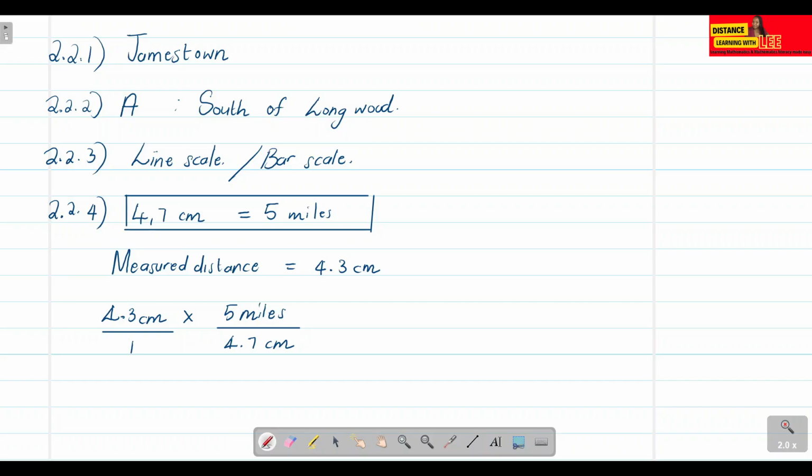If you take 4.3 and multiply it by 5, then divide by 4.7, you will get that the actual distance from St. Paul's to Longwood is 4.57446808 miles, because the units for centimeters and centimeters cancel, and you'll be left with the units in miles.